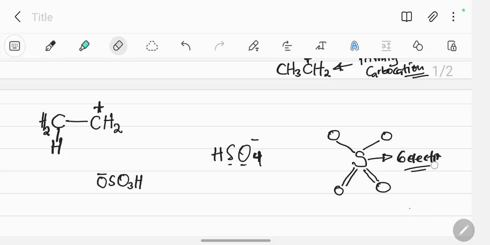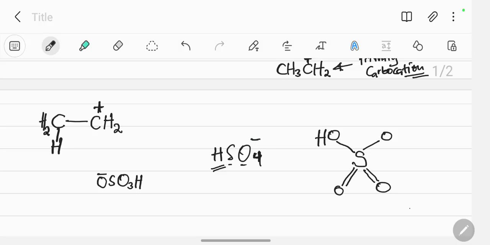So when I'm drawing this structure, I'm seeing that it's 1, 2, 3, 4, 5, 6. Then this hydrogen is here.